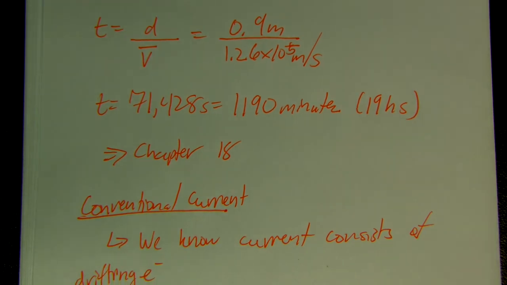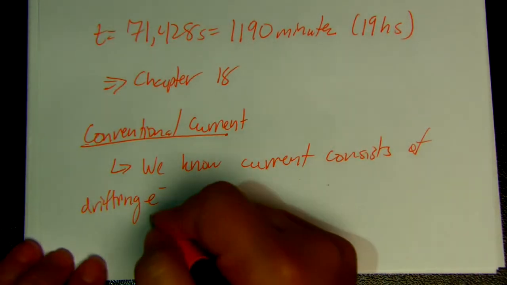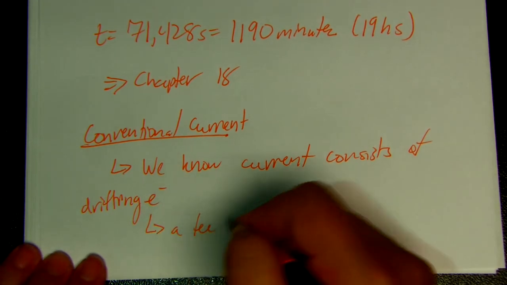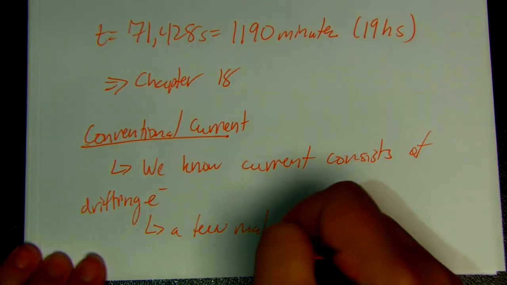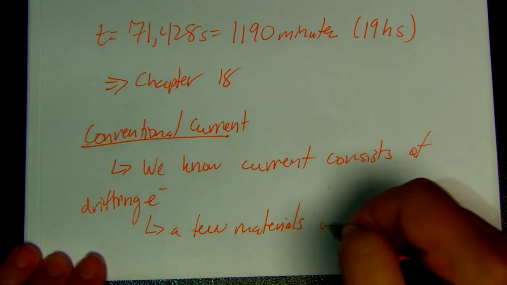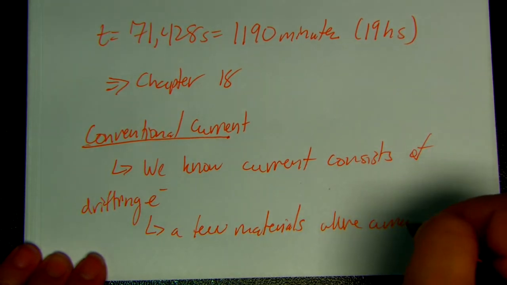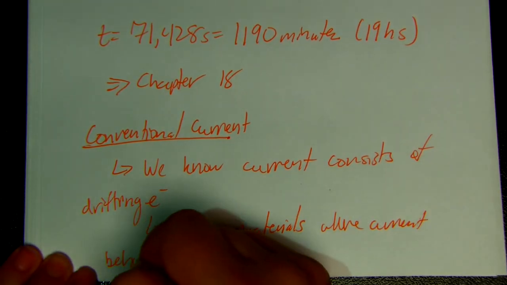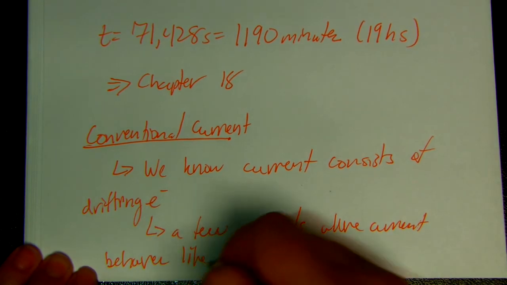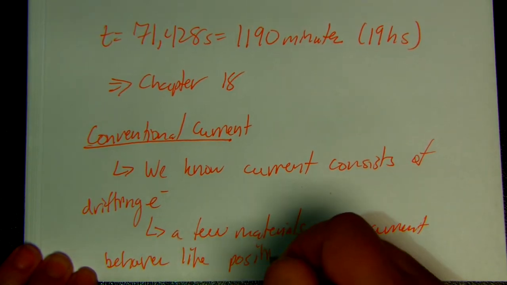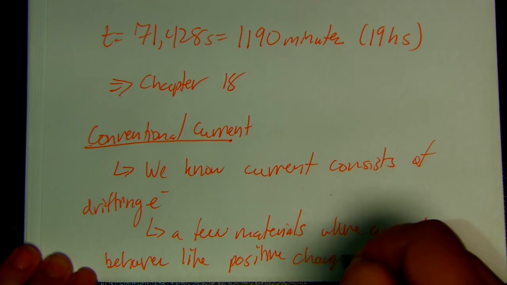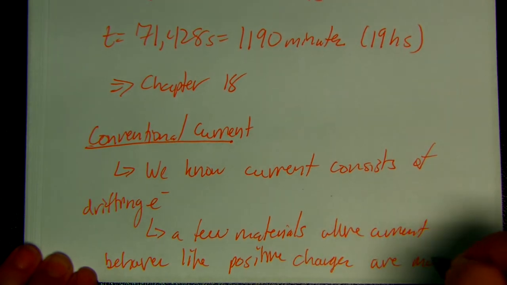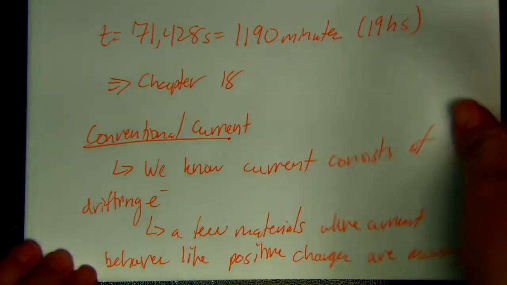There are a few materials in which current is positive or appears to be positive, where current behaves like positive charges are moving. This is called hole current. It is the exception, not the rule. So we call this hole current.